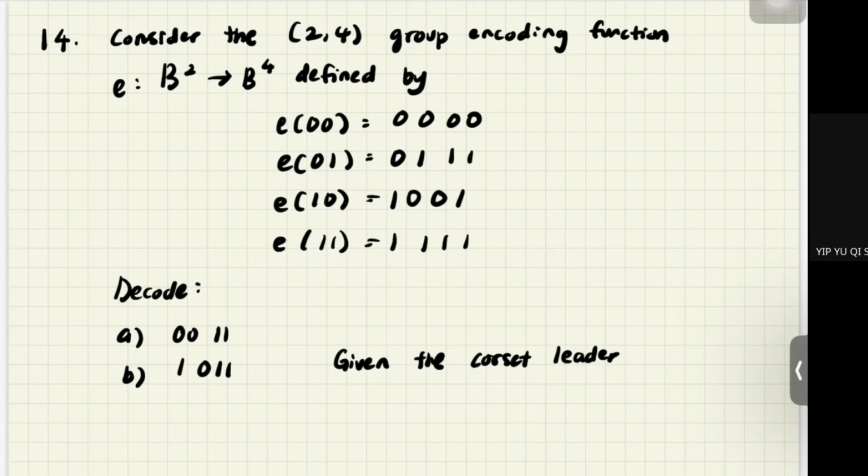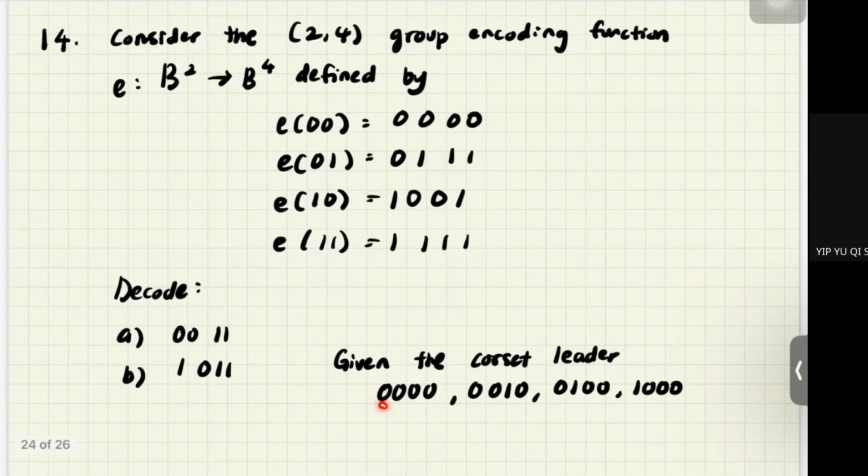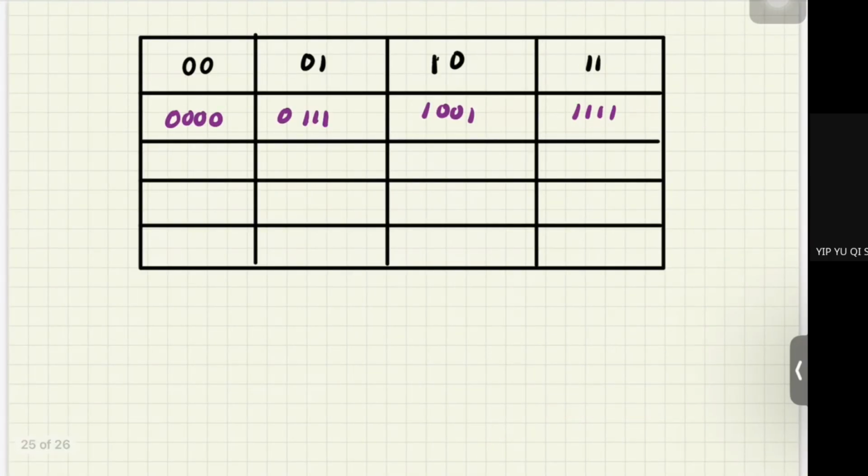The given coset leaders will be 0000, 0010, 0100 and 1000. So this is your coset leader.